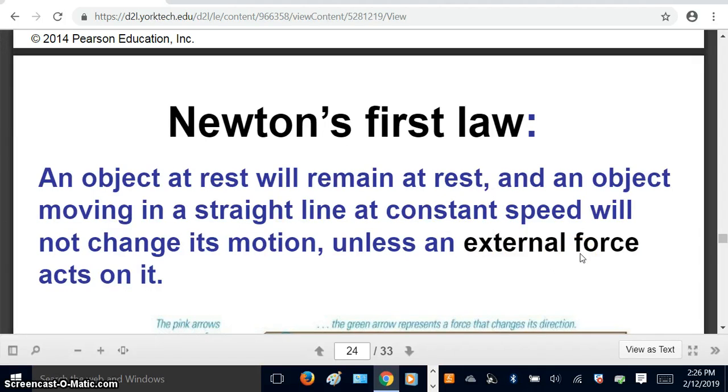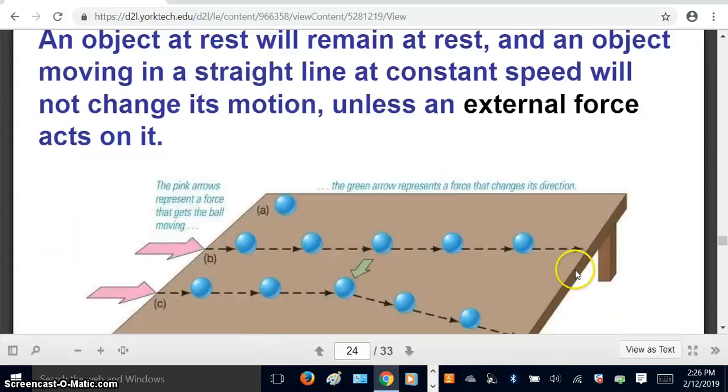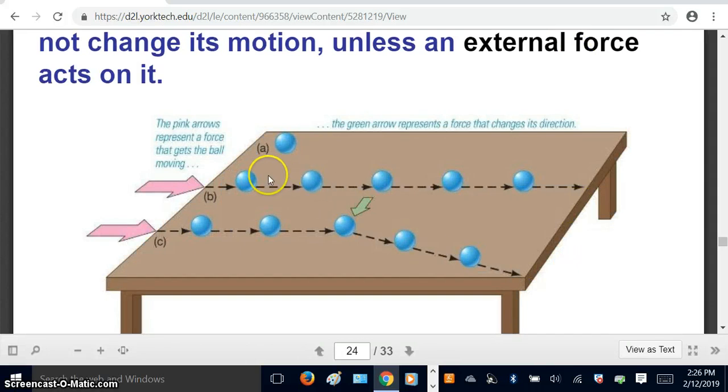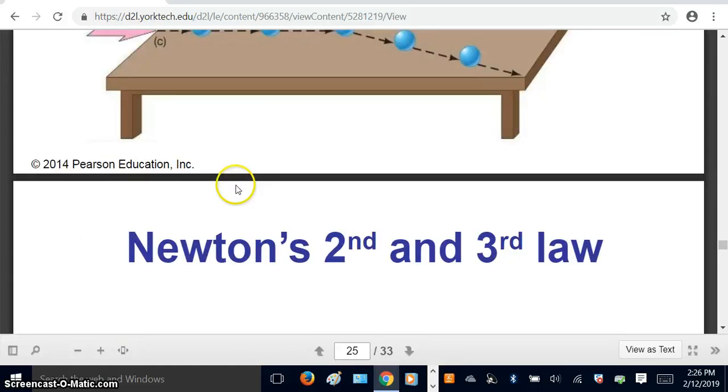These are the laws of motion, okay? Not to be confused with Kepler's 3 laws, which are 3 laws of planetary motion. All right, so let's make sure that we get that. This is what Newton came up with. This is just a variation of what Galileo had actually observed. All right, so that's the first law.